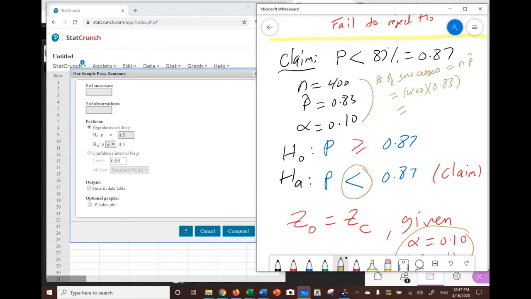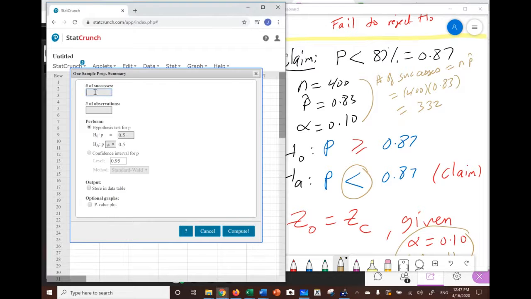So if you have a calculator, 400 times 0.83 is going to give us a total of 332. So that is going to go in the number of successes, which is 332. Now what goes into the number of observations is n, so it's the 400.